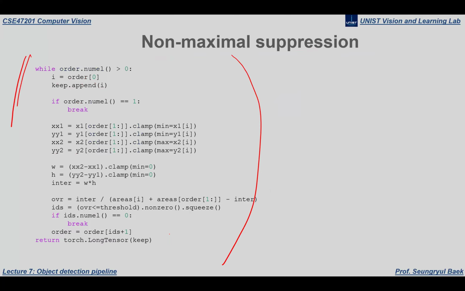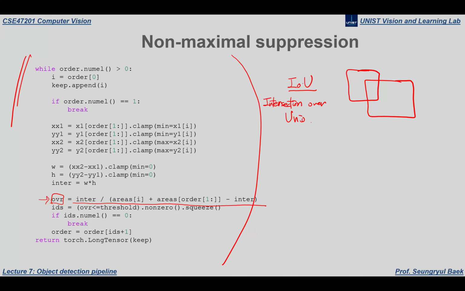So what they do is calculate this variable, which means the similarity between bounding boxes. We use intersection over union when calculating the similarity between bounding boxes. If there are two bounding boxes, we use this intersection over union measure to calculate their similarity.